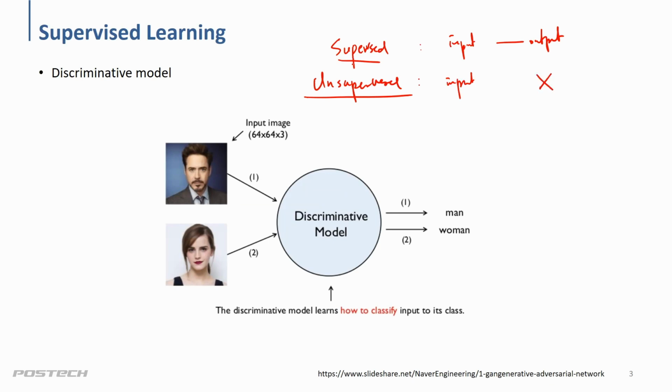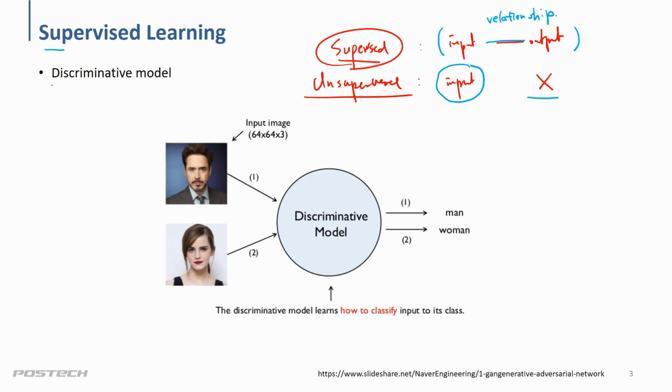For supervised learning, like regression and classification, we try to figure out the relationship. From the training data set, we have pairs of inputs and outputs. In unsupervised learning, we don't have any outputs.